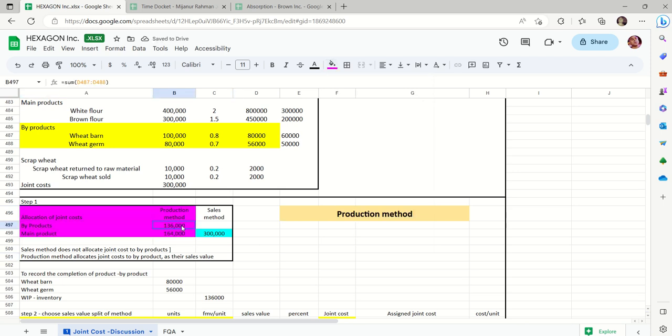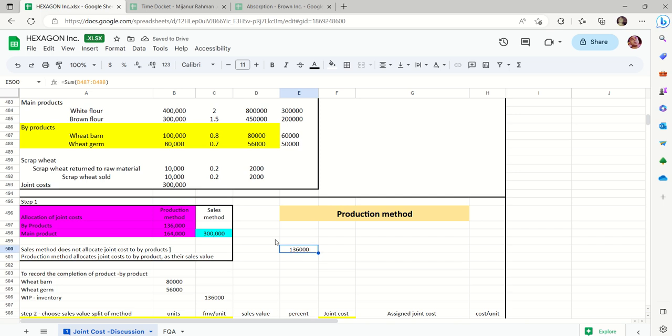First, we allocate the cost to the byproduct right there. And how do you do that? To allocate the cost to the byproduct, we would simply, I'm going to show it here on the side, add the fair market value or the total sales value of the byproducts.